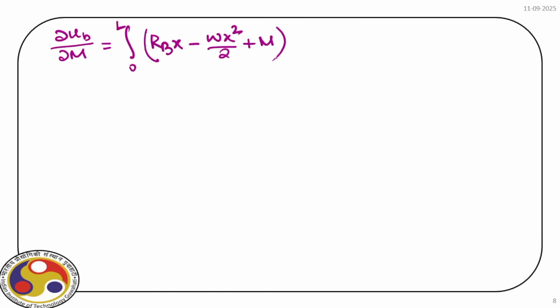So in place of Mx differentiated with respect to M, we can write 1 and then dx.